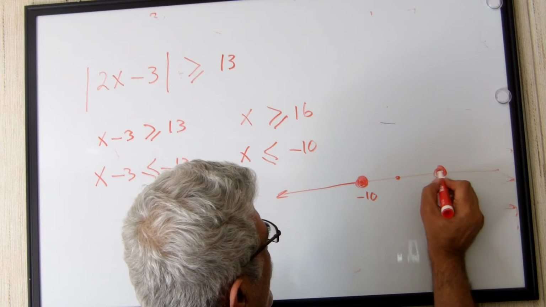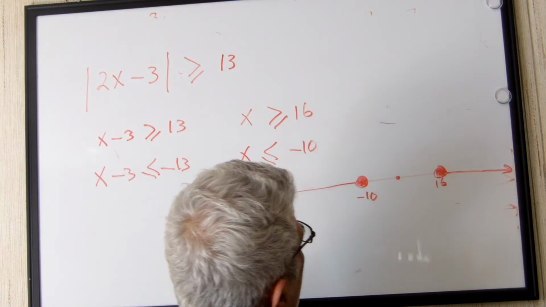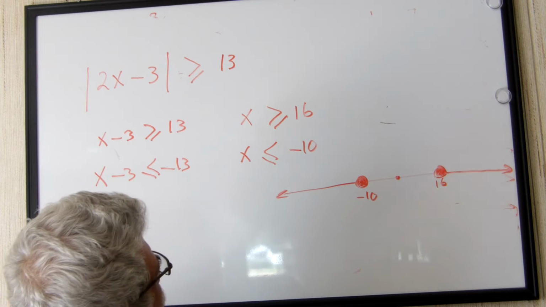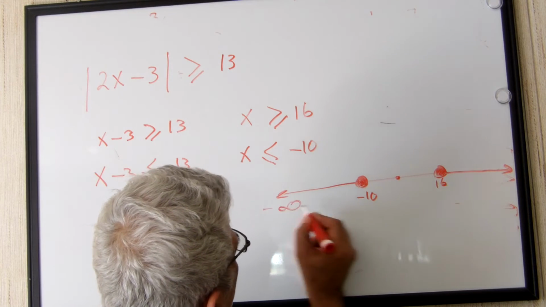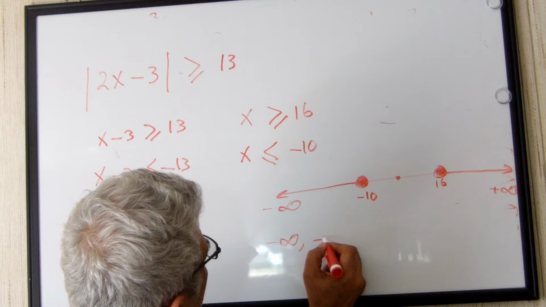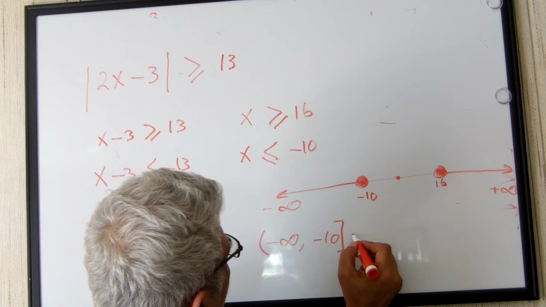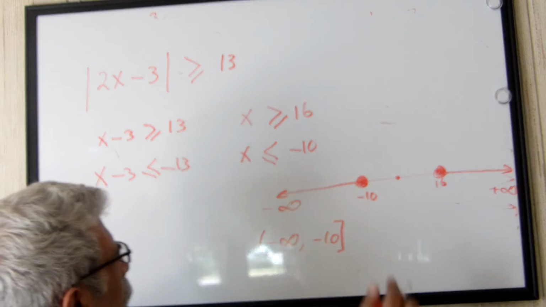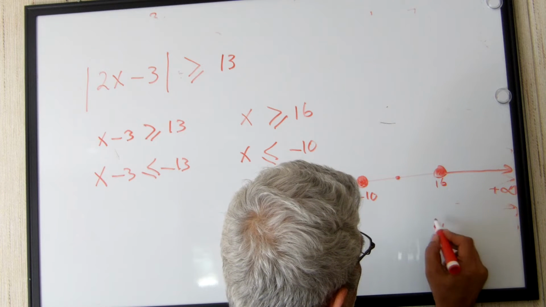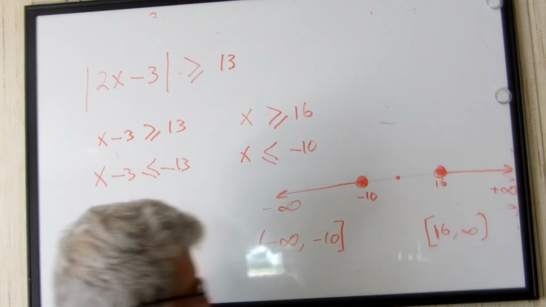The same thing for 16: greater than or equal to means 16 is included, and minus 10 is included. So in interval notation we write minus infinity up to minus 10, and this time it's going to be a bracket. And this one is from 16 included, so 16 with a bracket, up to plus infinity.